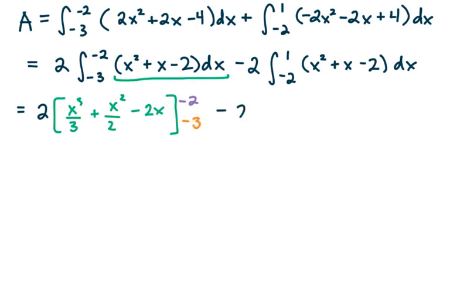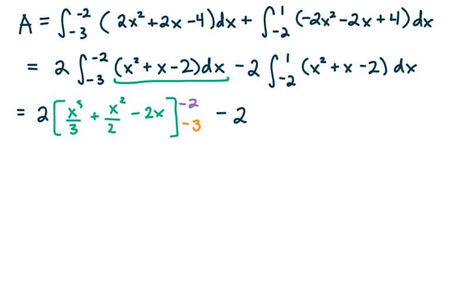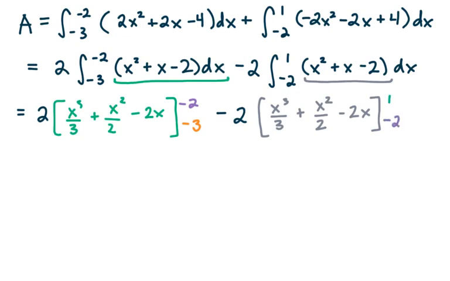And then I have -2, and this integral, when I integrate it, will look the same. I'll still have x cubed over 3 plus x squared over 2 minus 2x, but my bounds in this situation are going to be from -2 to 1.